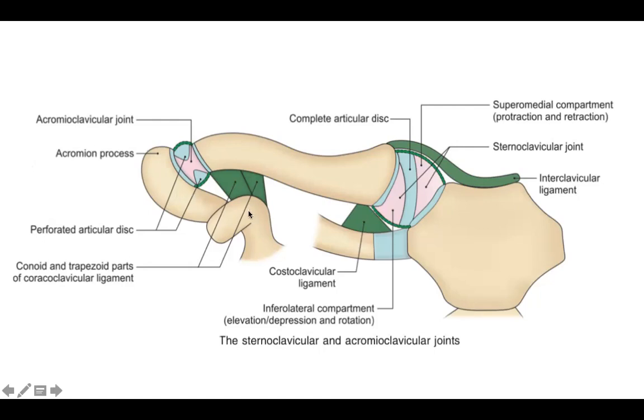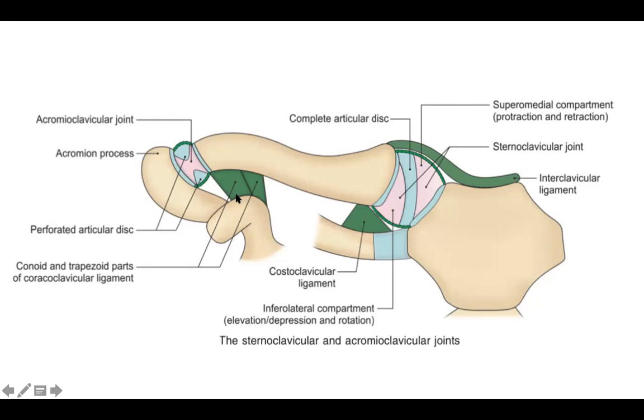I have another ligament which is from the coracoid process to the clavicle, called the coracoclavicular ligament. The coracoclavicular ligament consists of two parts, one medially and the other laterally. The medial part, as you see from its shape, is cone shaped, so it is called the conoid part.